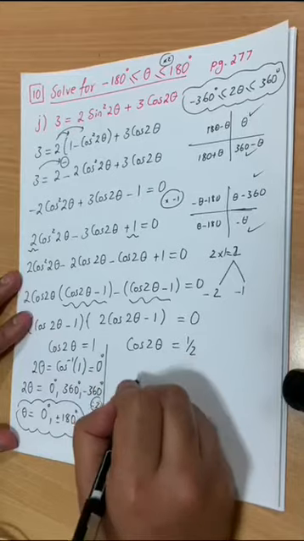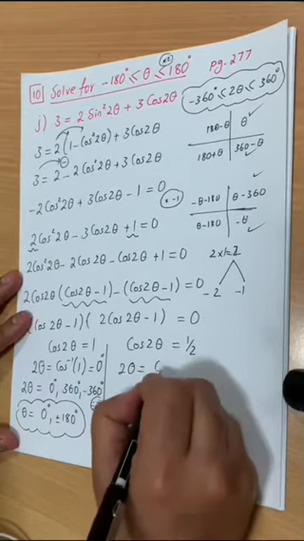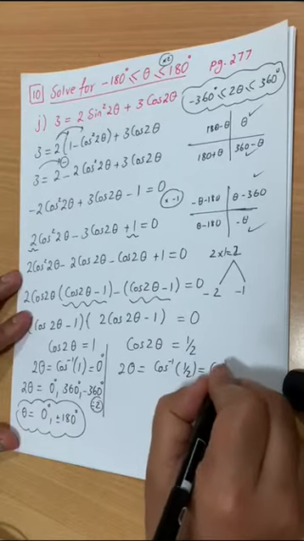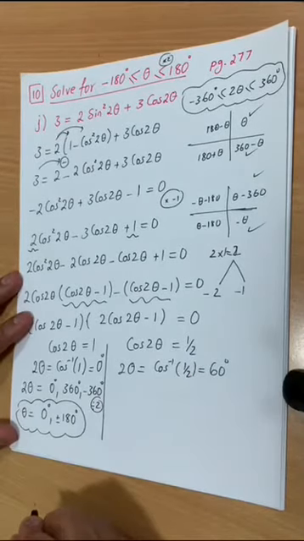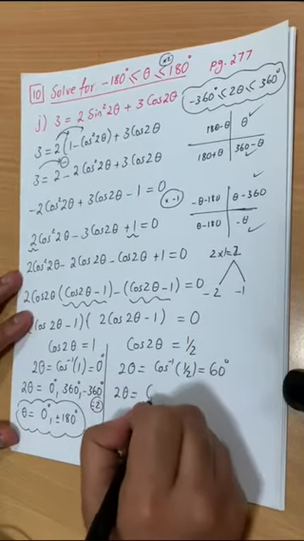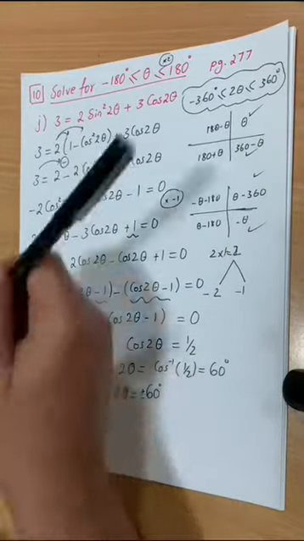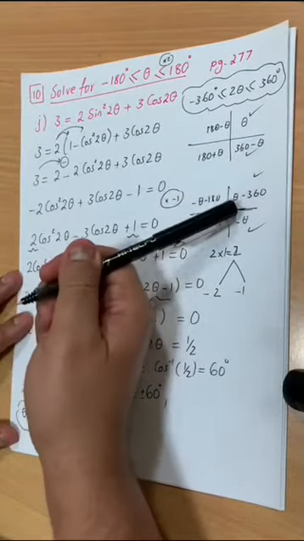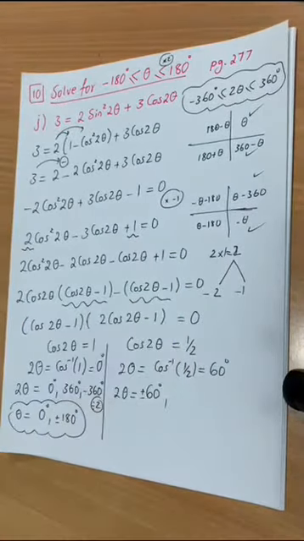Again, for half, 2 theta equals the inverse cosine of half, which is equal to 60 degrees. So using the expressions, theta and 360 minus theta, or negative theta and theta minus 360, will give you exactly the same answer.